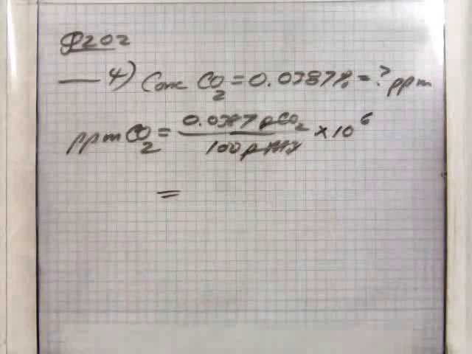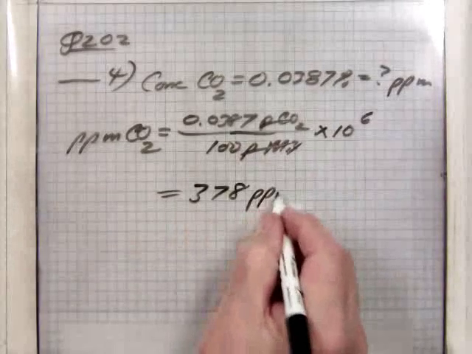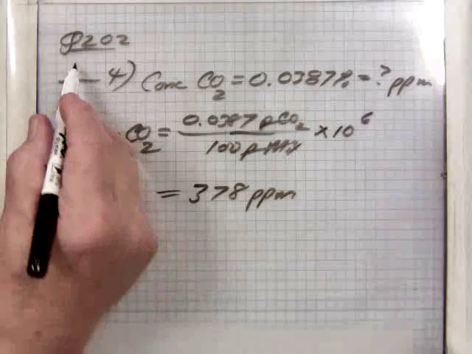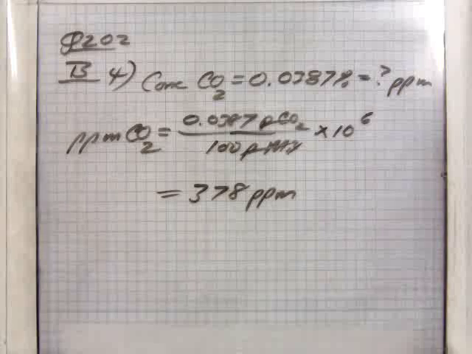And so I got 378 parts per million in that problem. That would be B choice, and you can go parts per million to percentage or to parts per billion. So that is quite frequently used in the scientific community.